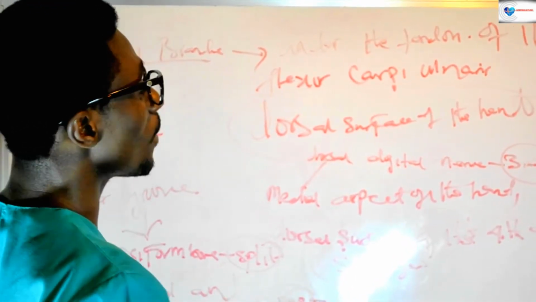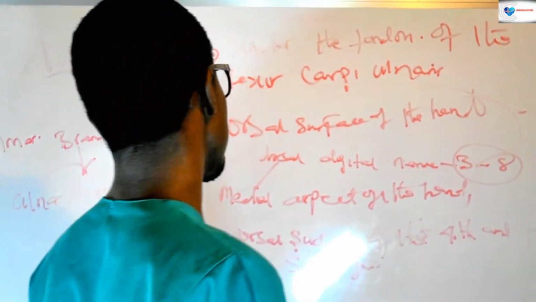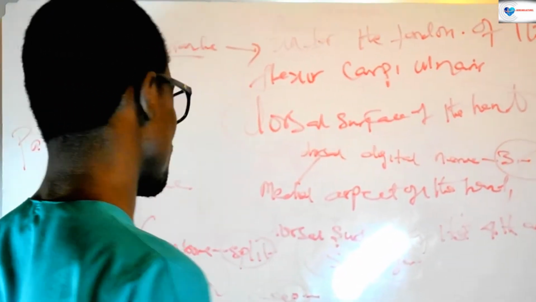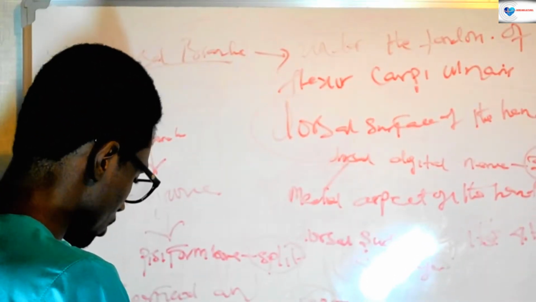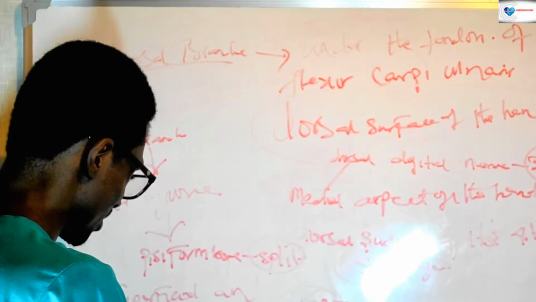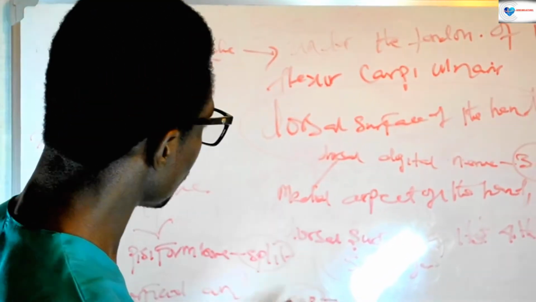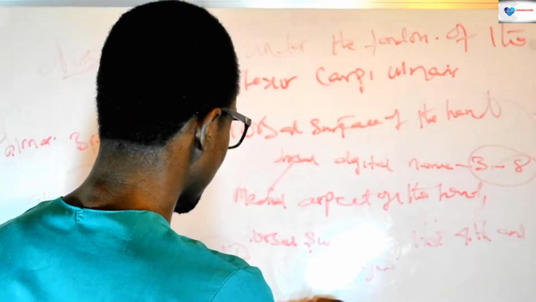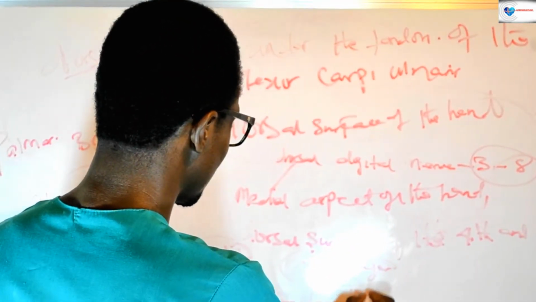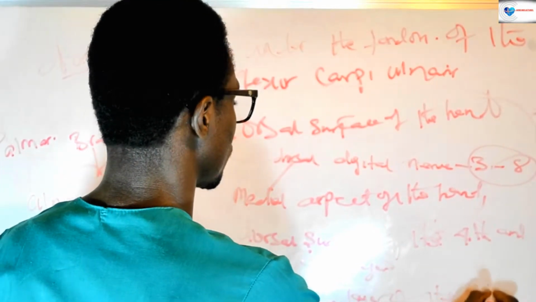Okay, now talking about the superficial branches. As we all know, this particular superficial branch supplies the skin around the hypothenar muscle. Your hypothenar muscle is supplied by the superficial branch, but the deep branch, you understand, supplies the deep layer of the palm.